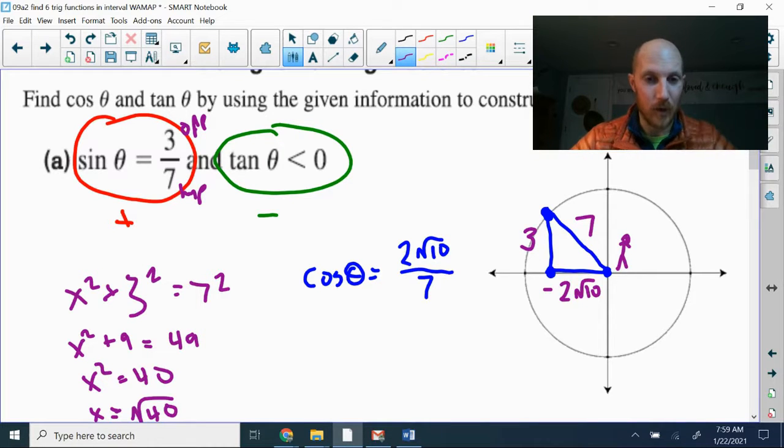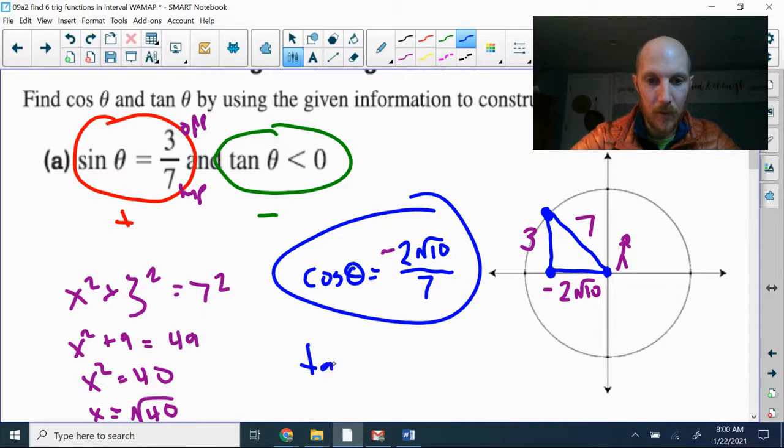The unit circle is always on a graph, and on the left side of the x-axis, any x is going to be negative there. So I'm not saying the length of the triangle is negative, because length can't be negative, but the coordinate of that ending point, the terminal point out there on the unit circle, would have a negative x coordinate. And I need that negative sign also to show up in my cosine ratio. So my cosine is negative 2 radical 10 over 7.